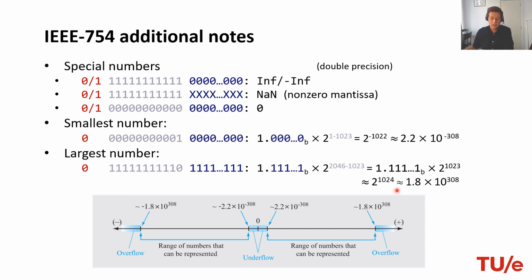So this is the largest number, whether positive or negative, that can be represented using this floating point notation in double precision. If you have a number which happens to be larger than this largest number, then that is something the computer cannot cope with in IEEE standards, and that is what is called overflow.